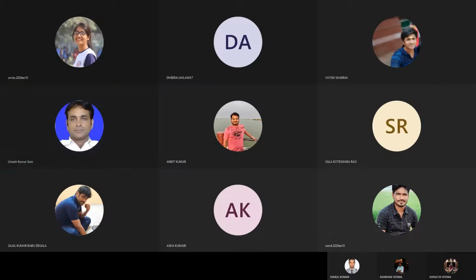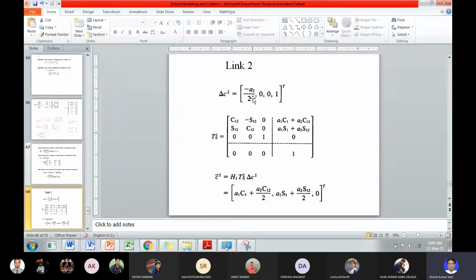Of gravity coordinate are minus a2 by 2, 0, 0 and 1 for complete representation of homogeneous coordinates. Okay, these are called the homogeneous coordinates. The homogeneous coordinate actually adds an extra element 1 because T20 is a 4 by 4 matrix.